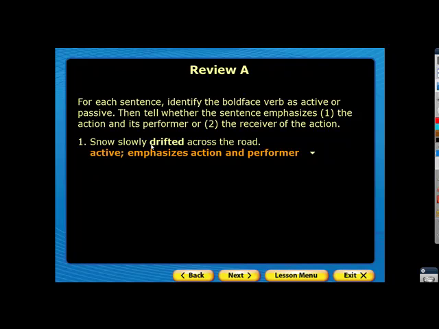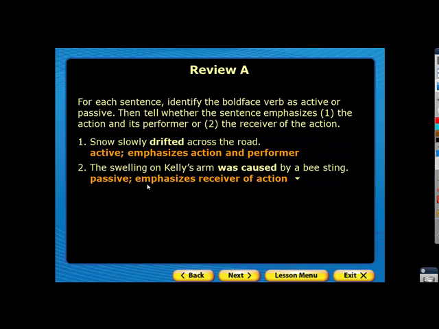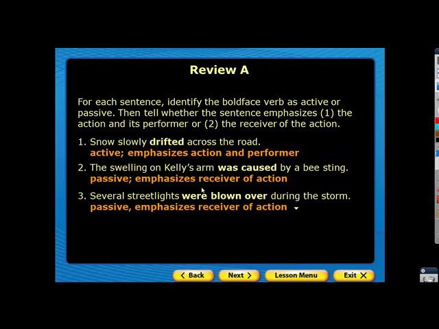Here, snow slowly drifted across the road. Yes, here I focus on the snow. It emphasizes the action, the performer. Here, the swelling on Kelly's arm was caused. Okay, now I focus on the receiver of the action. Kelly's arm, okay, was caused in the action.